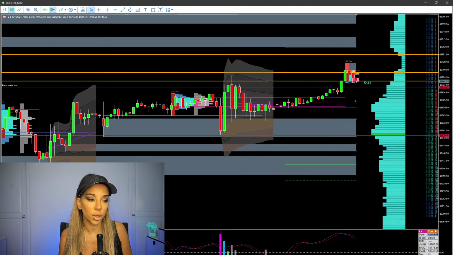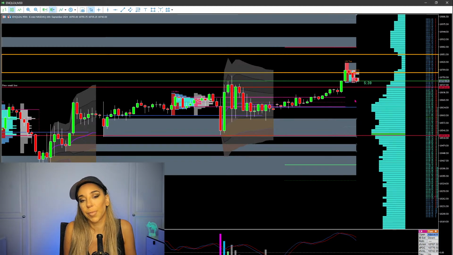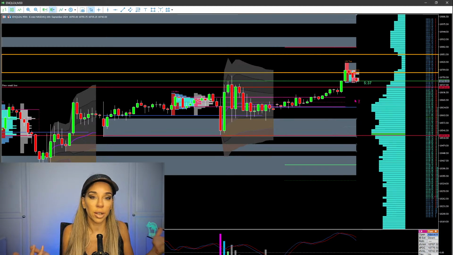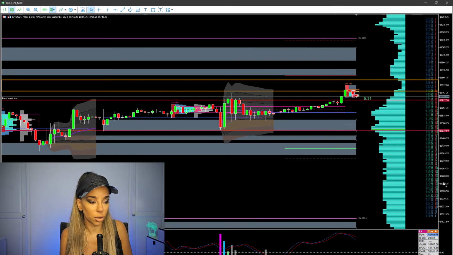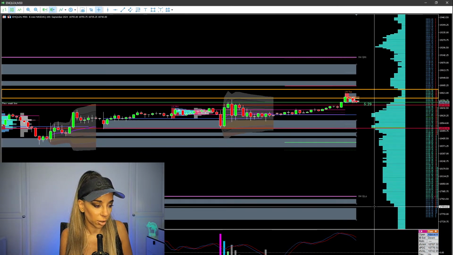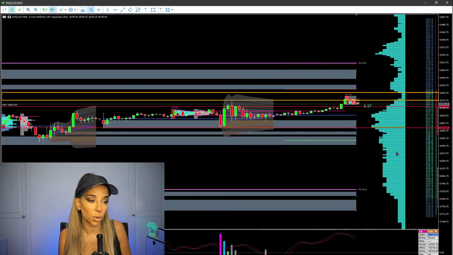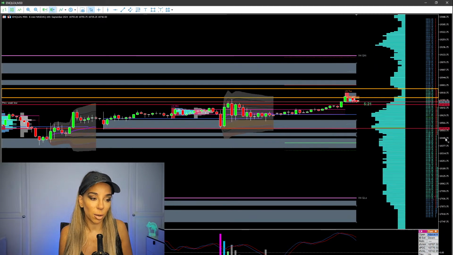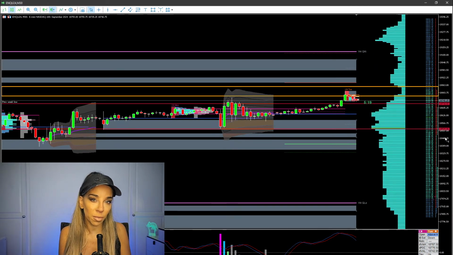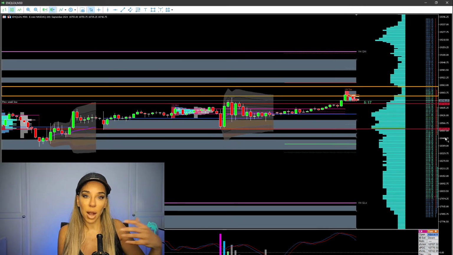But again, it's not a signal service. It's just interesting areas of interest that we might want to take a look at. Don't take this as, oh, Dee says there's a demand at 178.54. Let's all go long. This is not the point. Because the problem with the low volume nodes is that the price can run through them, or it can bounce from them.